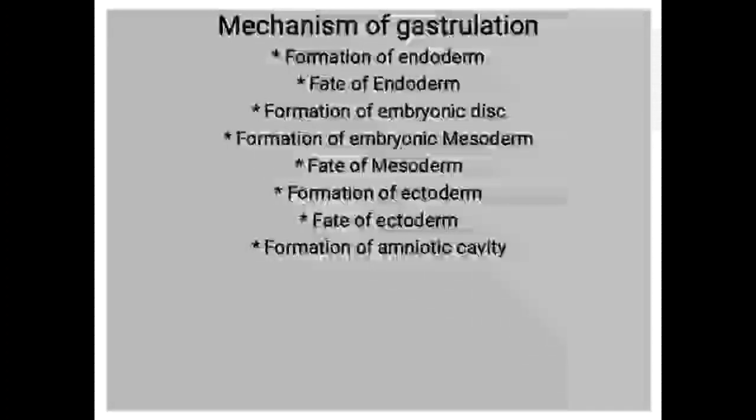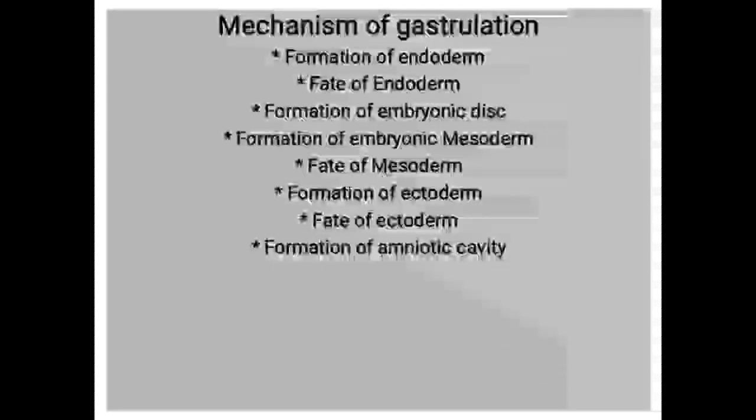The blastodermic vesicle enlarges and cells present on the lower surface of the embryonal knob detach by delamination from the embryonal knob. The detached cells become flat, divide, increase in number, and form the endoderm inside the trophoblast of the blastodermic vesicle.